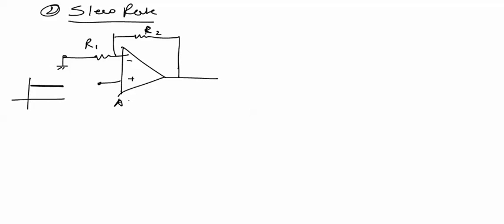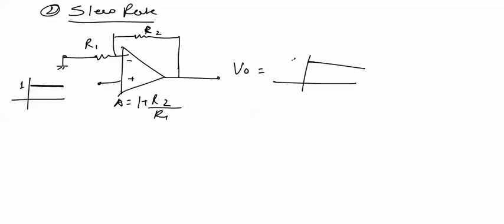For this operational amplifier, gain is equal to 1 plus R2 upon R1. The output should be generated like this.